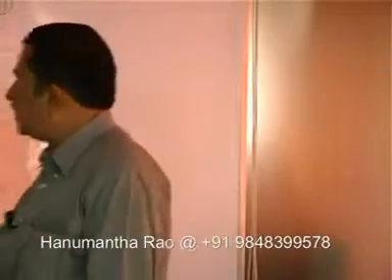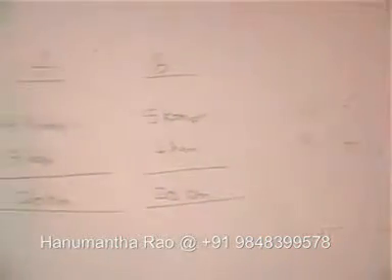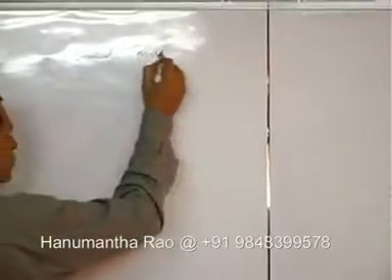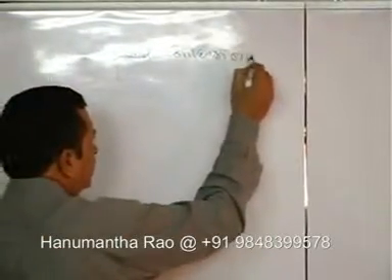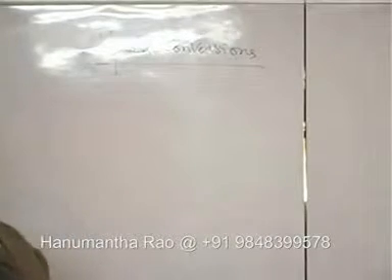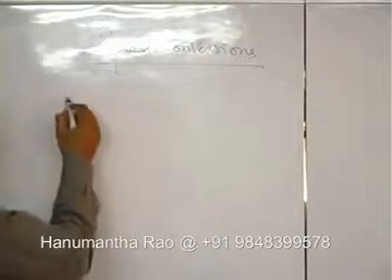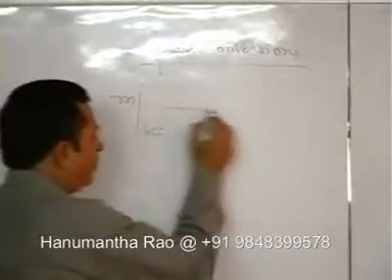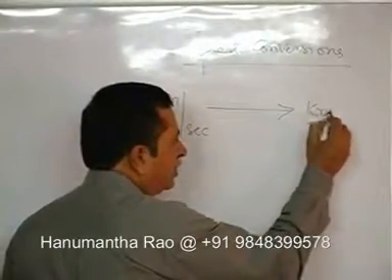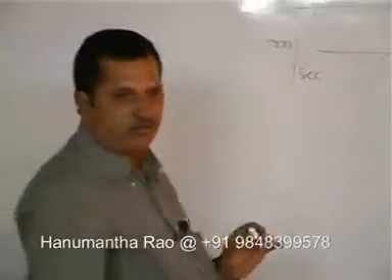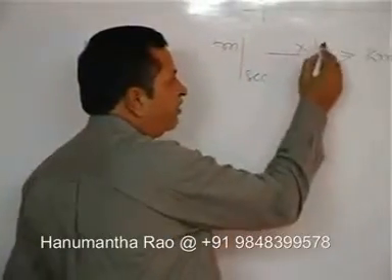In most of the problems, we go for speed conversion. In problems related to boats and streams or trains, we usually do speed conversions. If speed is in meters per second and you want to convert it into kilometers per hour, by what value do we multiply? We multiply by 18 by 5.